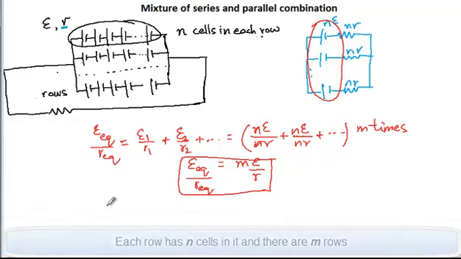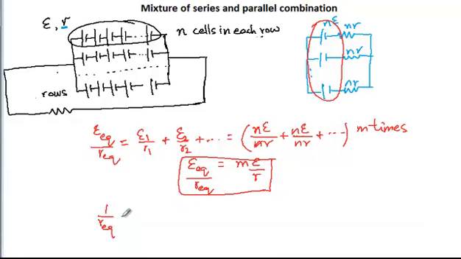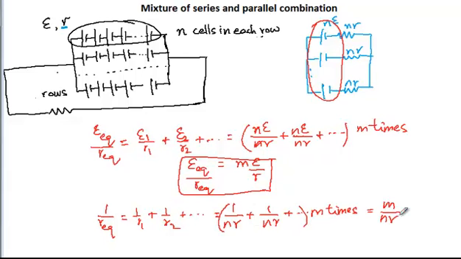To do that, you know that 1 over R equivalent is 1 by R1 plus 1 by R2, and so on and so forth. Each of these rows has a resistance of nR. So you have 1 over nR, and this has to be added m times. And the value of R equivalent would be the reciprocal.